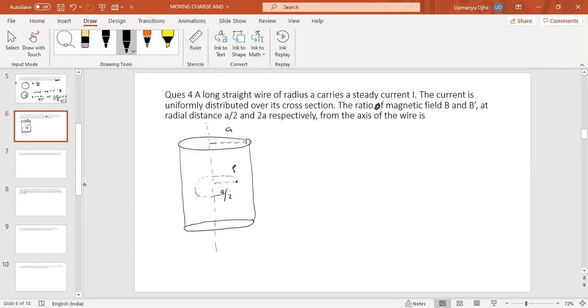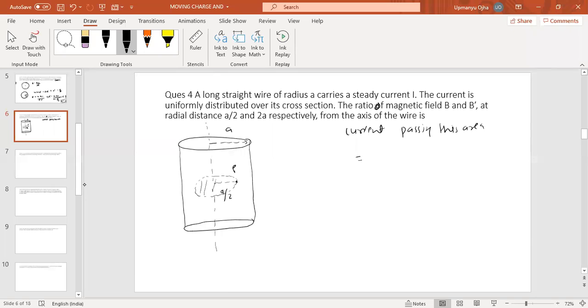We have to go to a distance of A by 2 and find the current flowing through this A by 2 cross section. So we can write the current passing through this area, the shaded area which I have taken here.